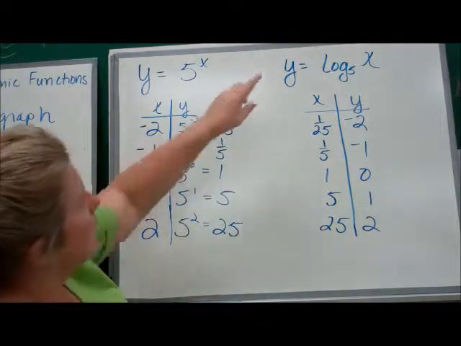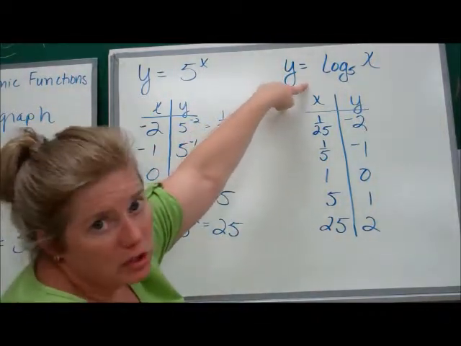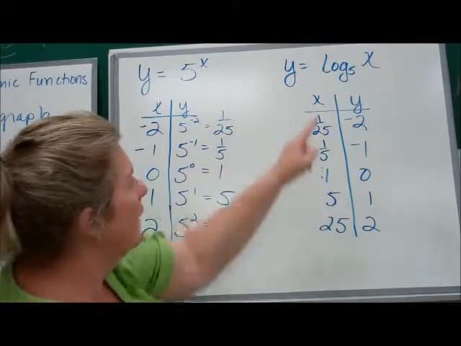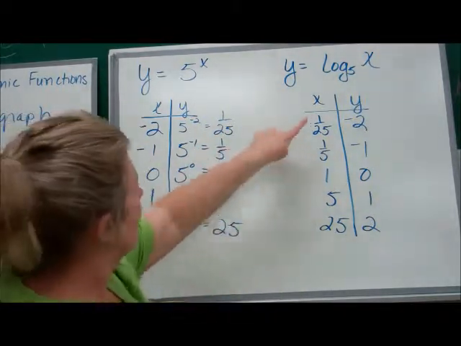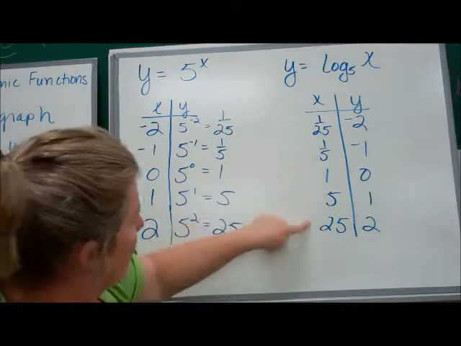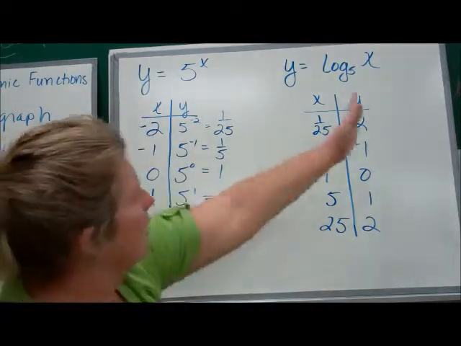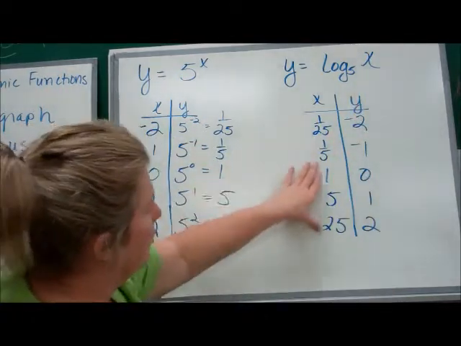So the points for the inverse function, y equals log base 5 of x, you switch them. All these y's are now my x's. All the x's are now my y's. So these are the points we're going to plot.